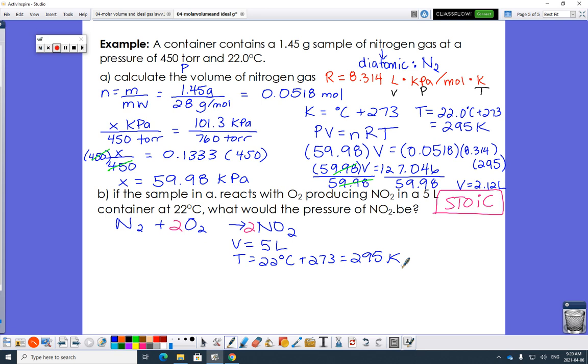This time we're looking for pressure. It says the sample in A, so we can use that amount of moles.